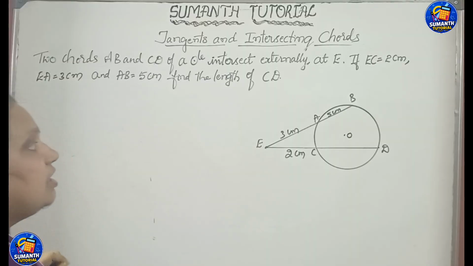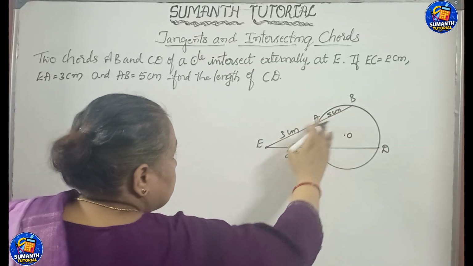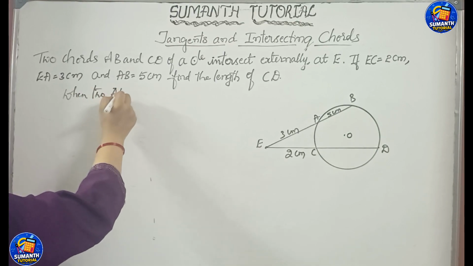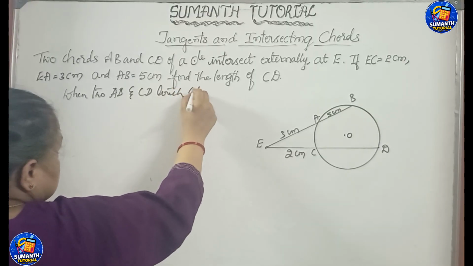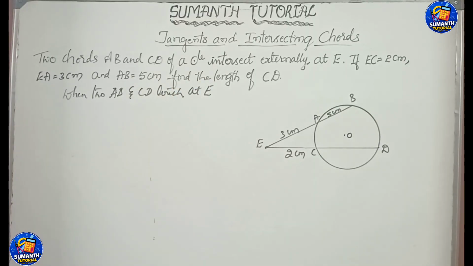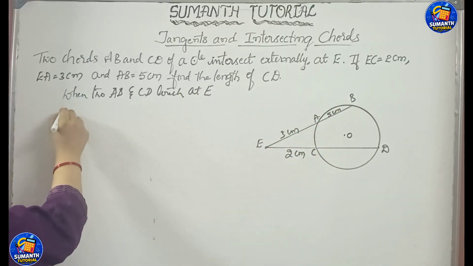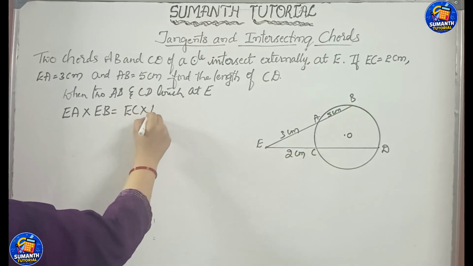What you have to find? You have to find the length CD. Okay. So there is a rule here which you have to understand: when two chords AB and CD meet externally at E, at that time we can apply the rule as EA into EB is equal to EC into ED.